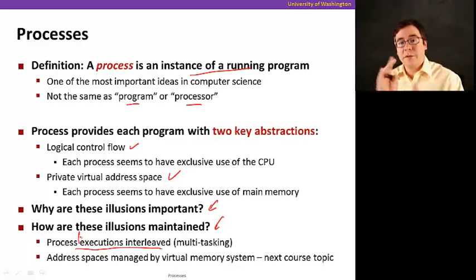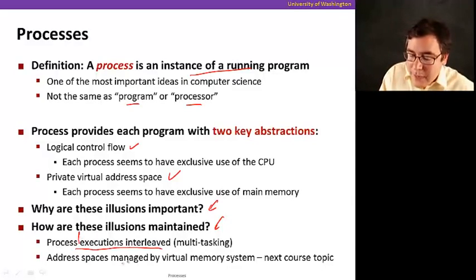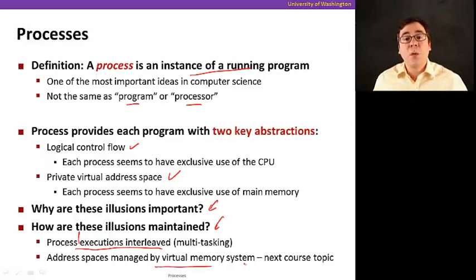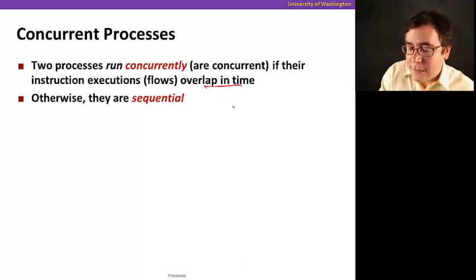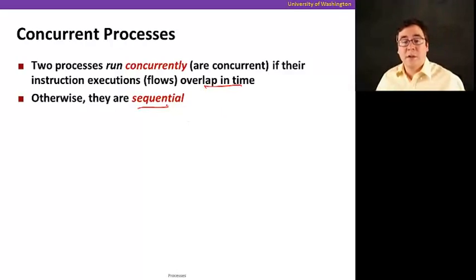From the processor's point of view, it's switching between one process and the other. And the address space is managed by the virtual memory system, which is going to be a topic of our next section. Processes can be concurrent if their instruction flows overlap in time; otherwise they are sequential.